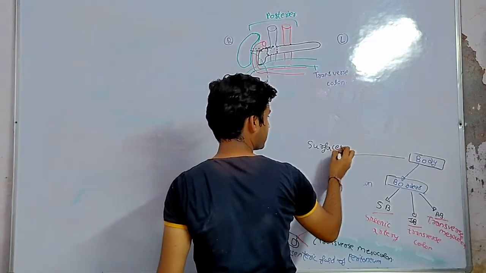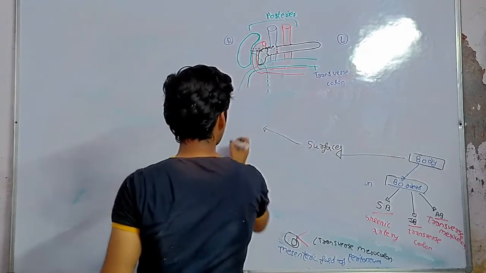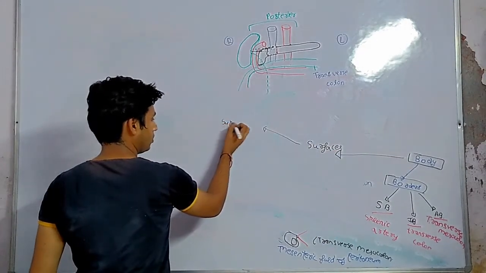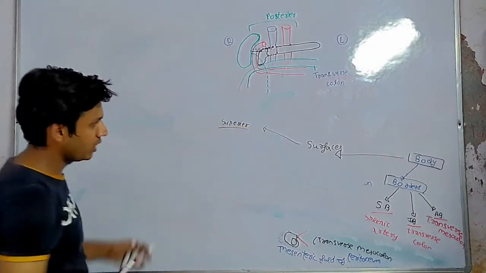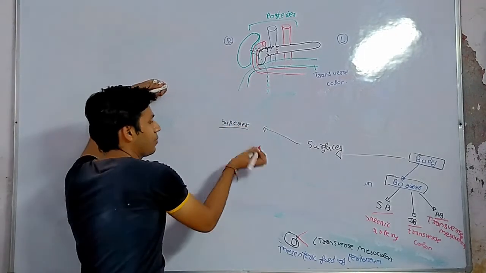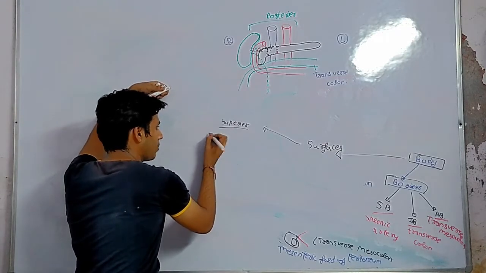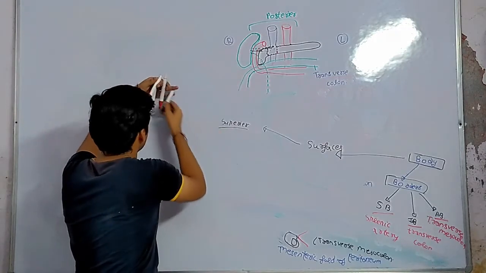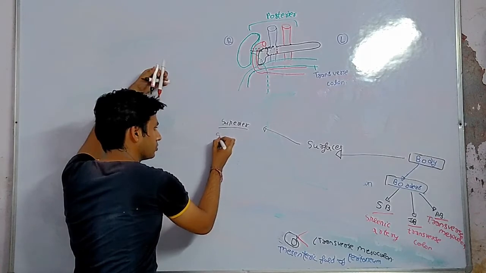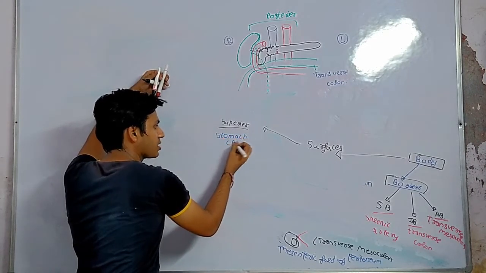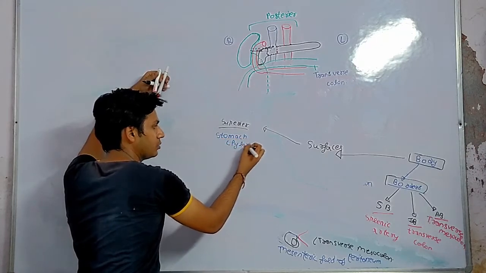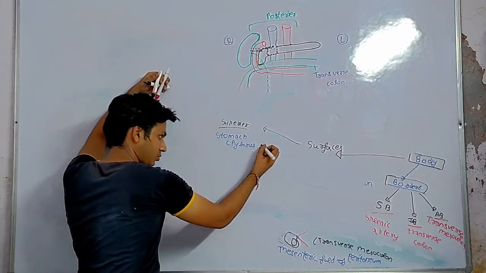There are 3 surfaces. One is superior. To the superior surface we have the stomach, basically the pylorus region. Obviously the pylorus region will come.